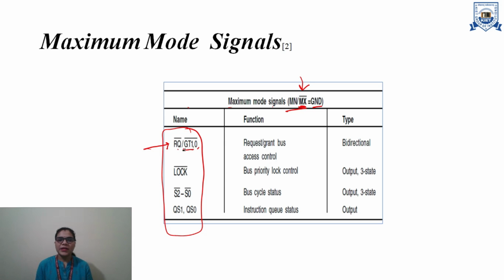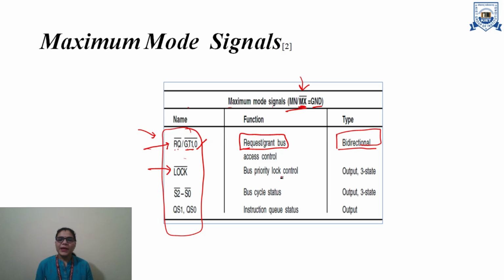Request grant 0 has the highest priority over request grant 1. These pins are used to request and grant the bus control. These are bidirectional pins, and whether the bus request will be granted or not will be acknowledged by this pin. So this is a bidirectional pin.